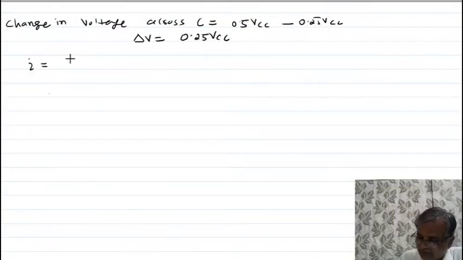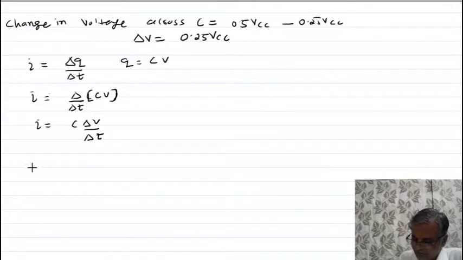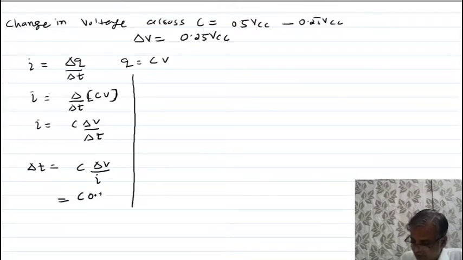The capacitor is charged with a constant current source, and that current is given by delta Q by delta T, where Q is C into V. So I can write I equals C into delta V upon delta T, and you know that delta T is C into delta V upon the current, and delta V I have just written, it is 0.25 VCC.